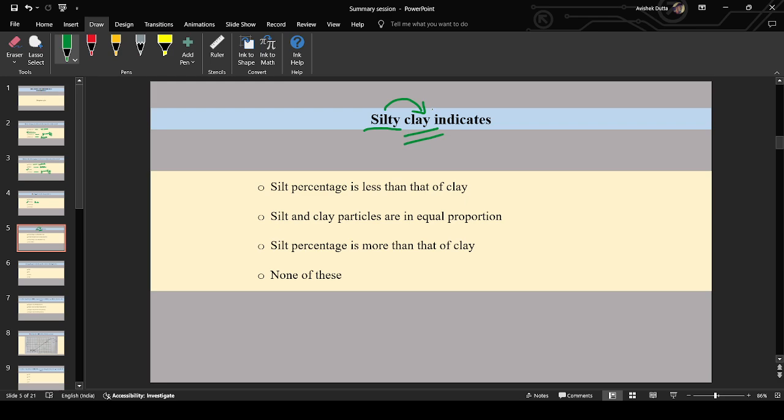So it is actually a clayey soil containing some percentage of silt, where the silt percentage is less than that of clay. It is called silty clay. I hope it was clear. Next question.